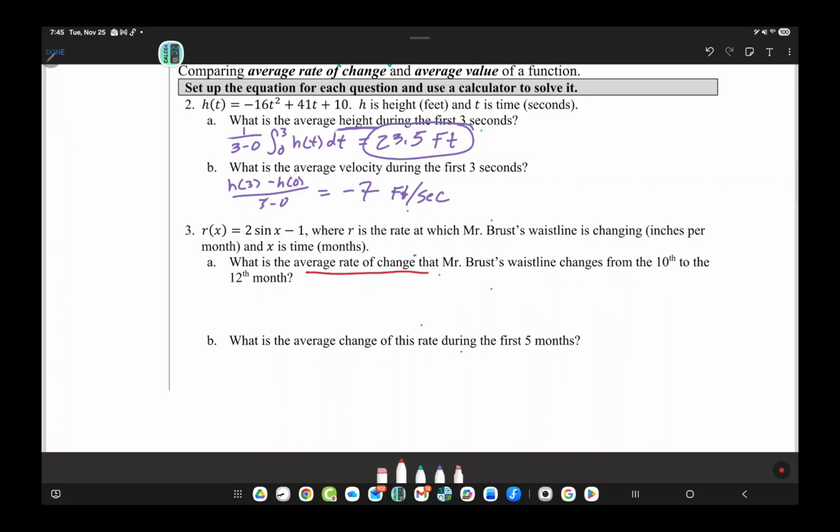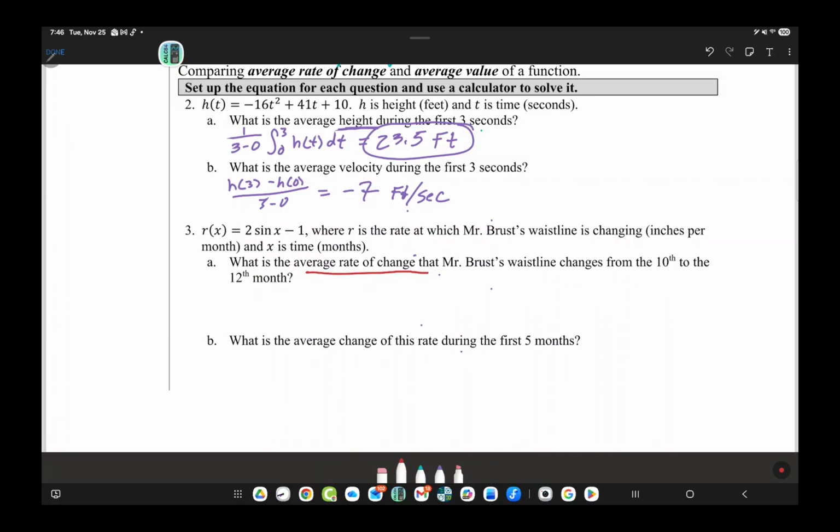It is a rate of change function. The function itself is a rate of change. So if you want to find the average rate of change function, and the function is the rate of change, what you're finding is the average of that function. Right? Now do make sure your calculator is in radians when you do this, because this is sine.